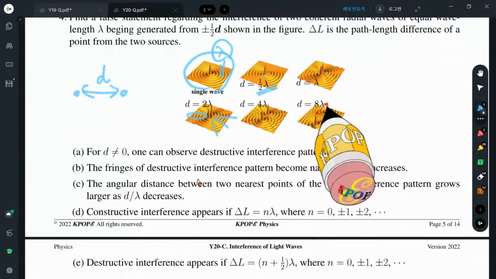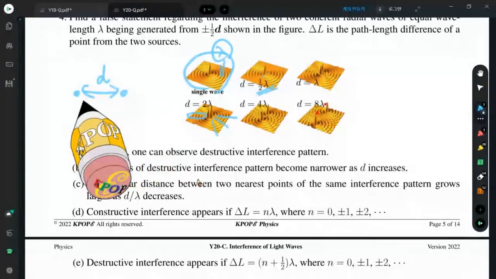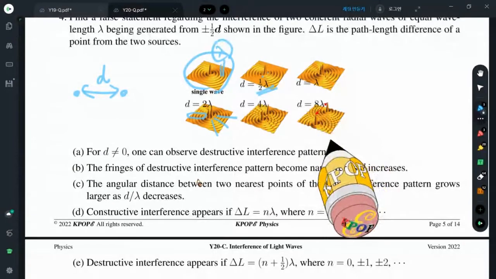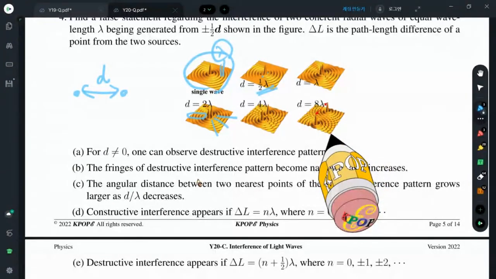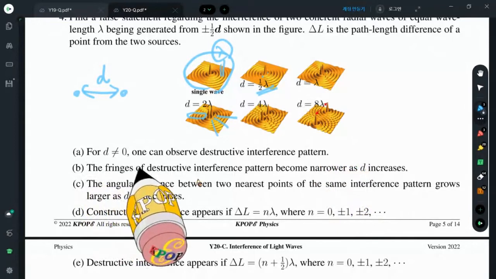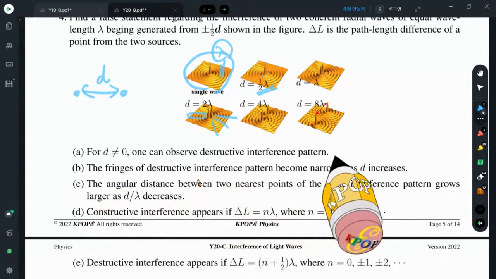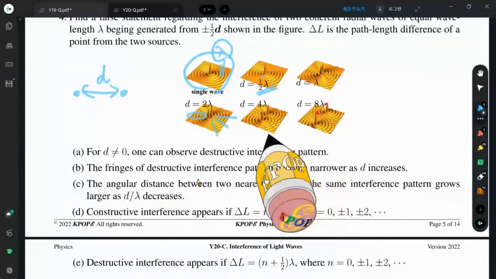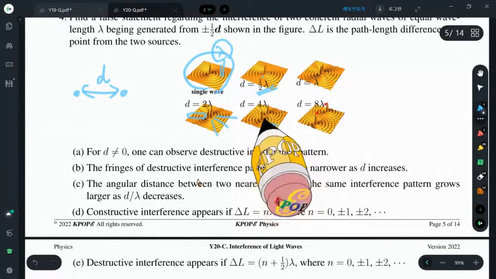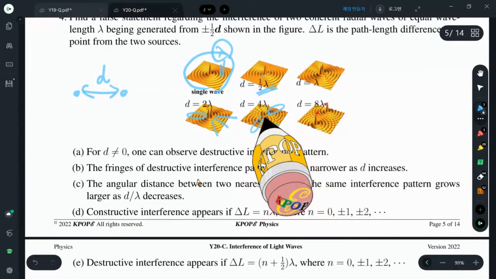And as we increase the distance between the 2 wave sources, the fringes become very dense. Let's see. For d not equal to 0, one can observe a destructive interference pattern. These are destructive interference, and these are constructive interference, something like that.